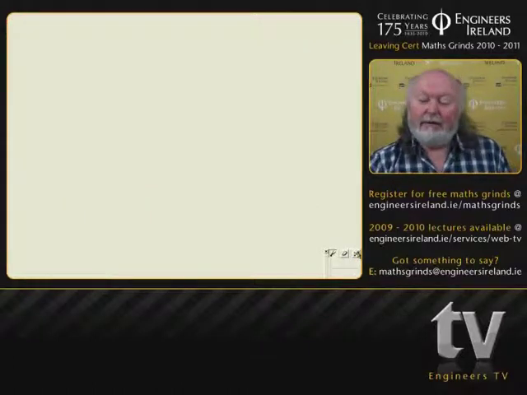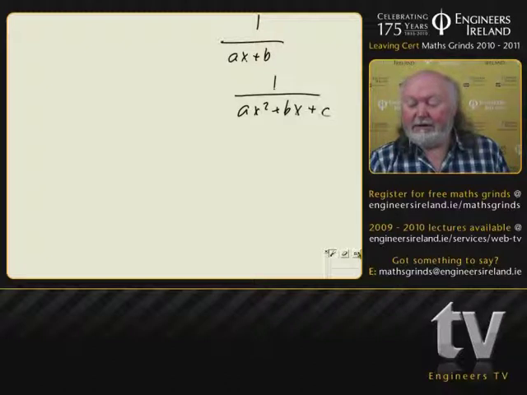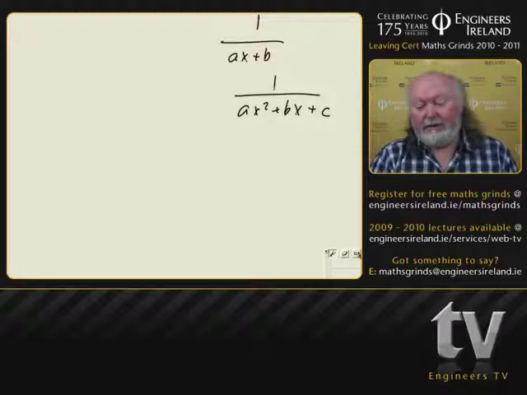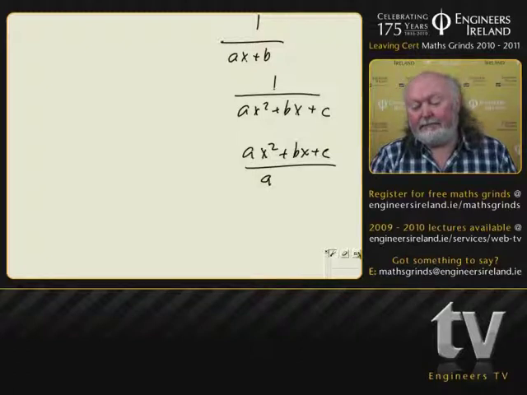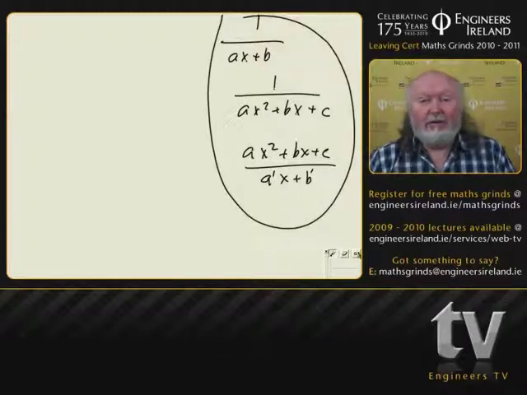So we've looked at 1 over, let's say, ax plus b, and we've looked at 1 over ax squared plus bx plus c. And we had looked at, for example, ax squared plus bx plus c all over something. Those types of ones, we know how to deal with.